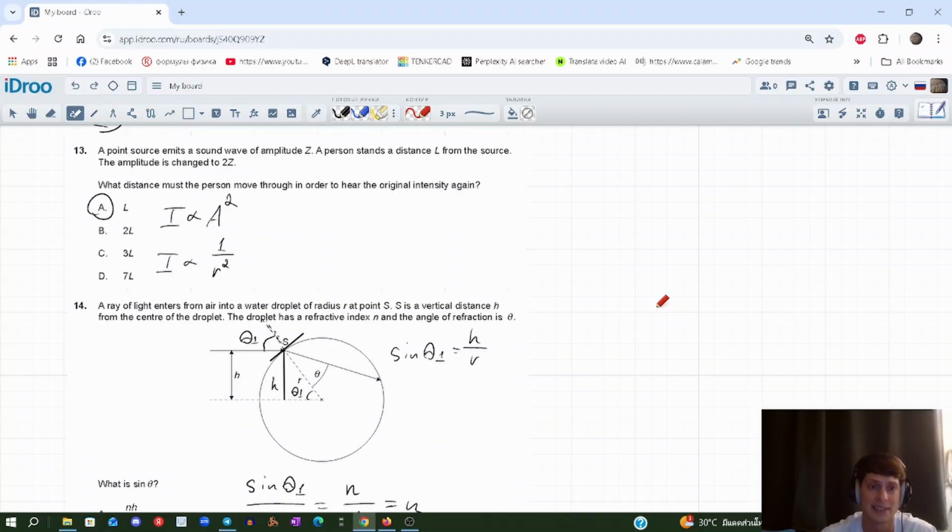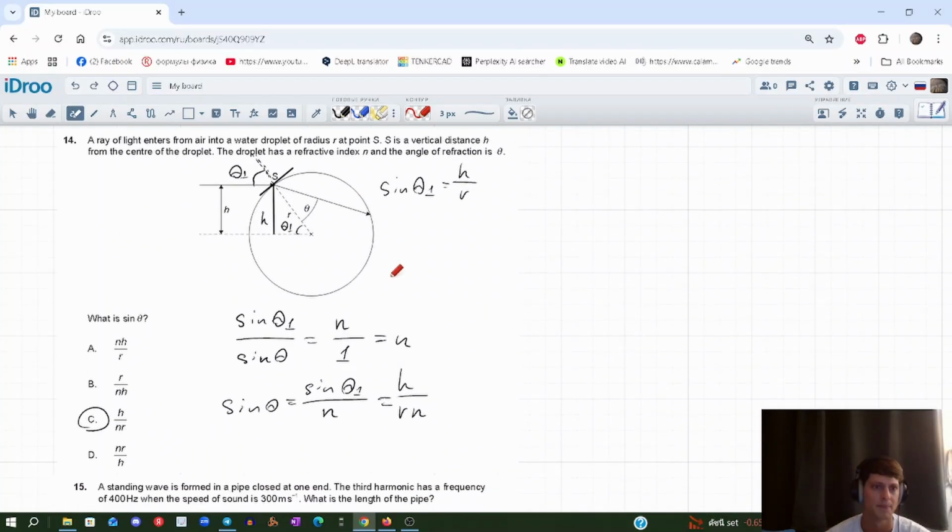So simultaneously it's increased because of the amplitude by a factor of 4 and decreased by a factor of 4 because of the distance increasing by a factor of 2, right? So the person has to move away one more L, right? So the person will have double L distance from the source, so distance will be doubled and intensity will be the same again. Option A.